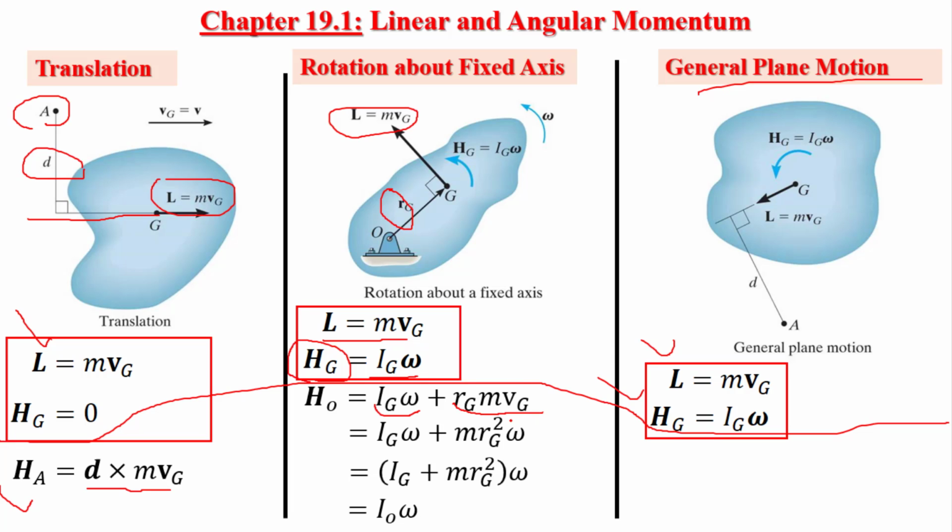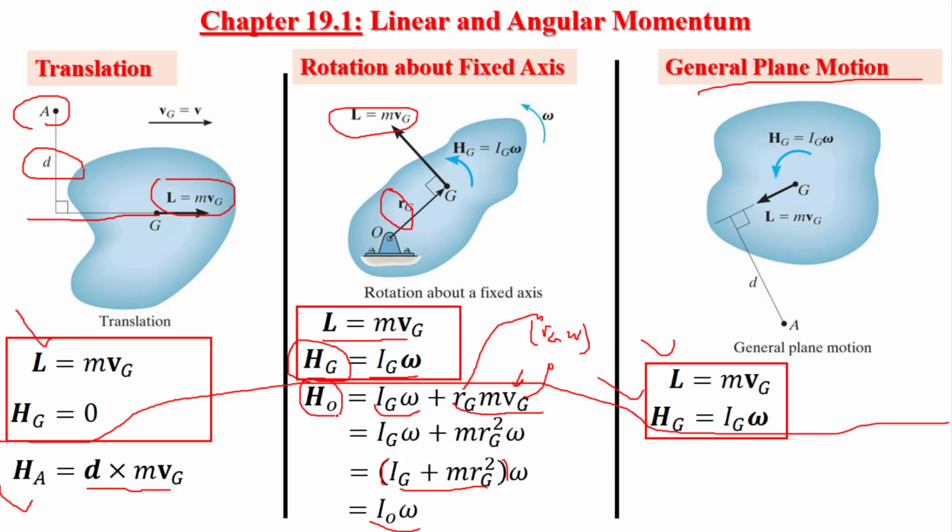Instead of vg, I can write Rg omega. So here we have R multiplied by R, which is R squared. If I take omega as a common factor, we end up with these brackets, which is the parallel axis theorem. Then this is Io omega.